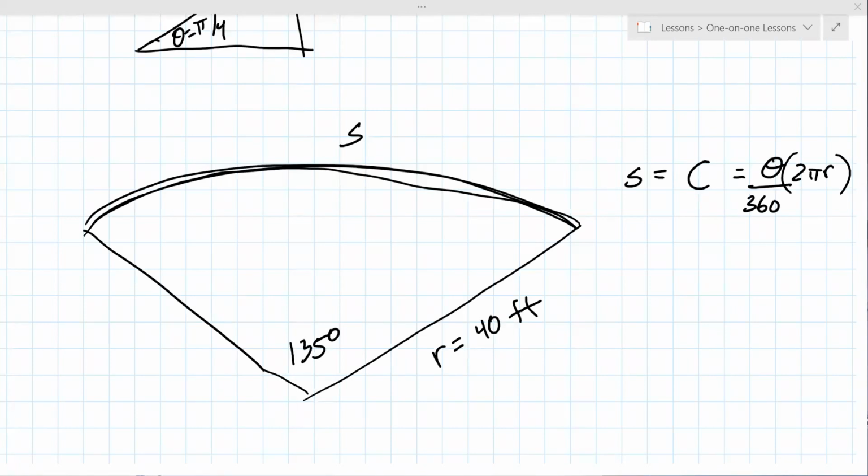Oh, do you want me to solve this? Yeah, go ahead. 40 squared. That's not a nice number. Oh, it's 1,600.